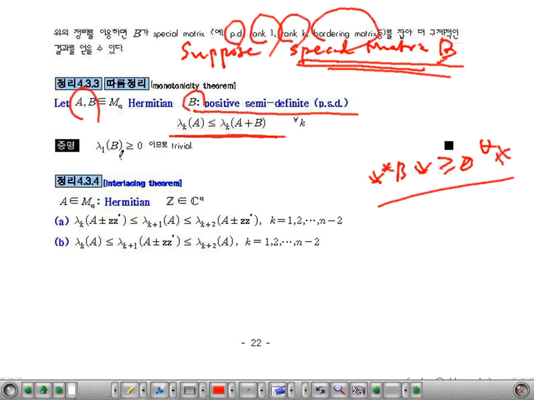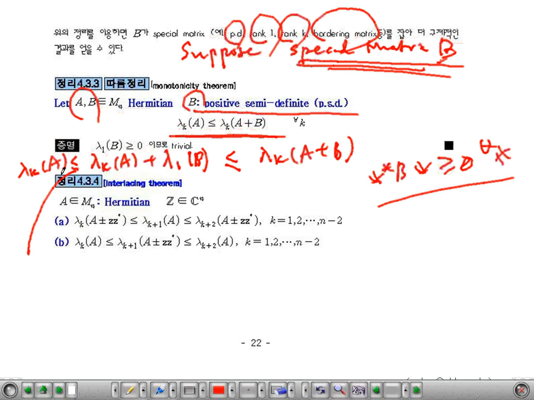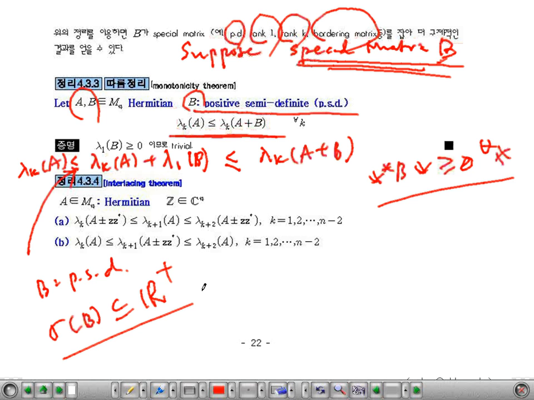This is because lambda k of A plus B minus lambda k of A is always less than or equal to lambda k of A plus lambda 1 of B. Why? Because B is positive semi-definite, every eigenvalue is non-negative.